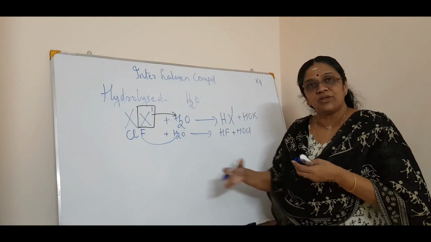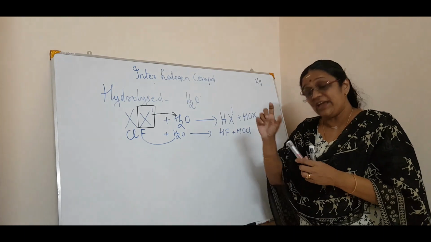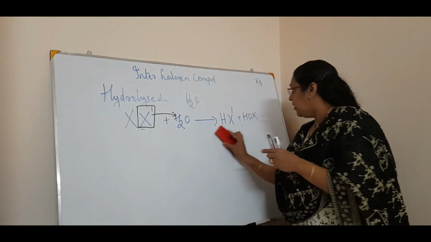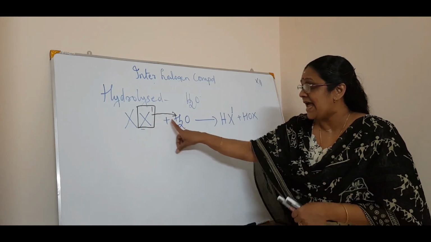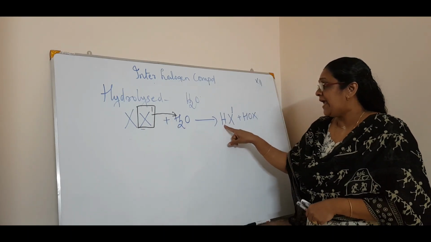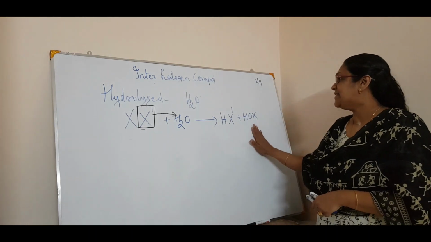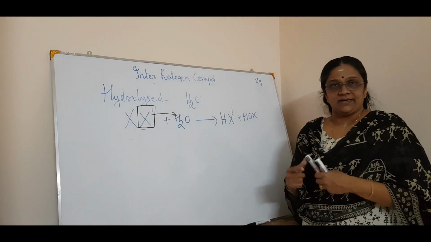That is different for the four cases. So it will be very easy if you study like this: X dash plus H2O will give you HX dash, which is the same for all the cases. The only difference is HOX.